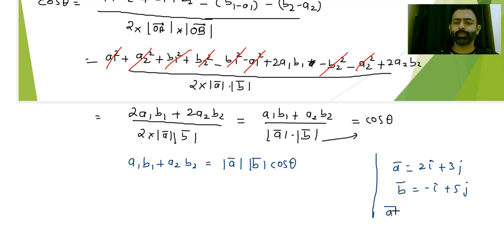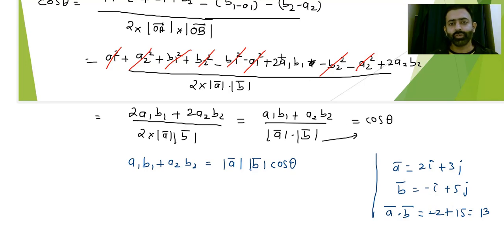Okay, and if I do the dot product of A and B, this will give you a scalar quantity which is the multiplication of vector A with vector B. The X component will be multiplied by X plus Y component will be multiplied by Y. So 2 into minus 1 is minus 2 plus 3 into 5 is 15. So this gives you a scalar quantity which is 13, and I would say this is the scalar product or dot product of two vectors A and B.